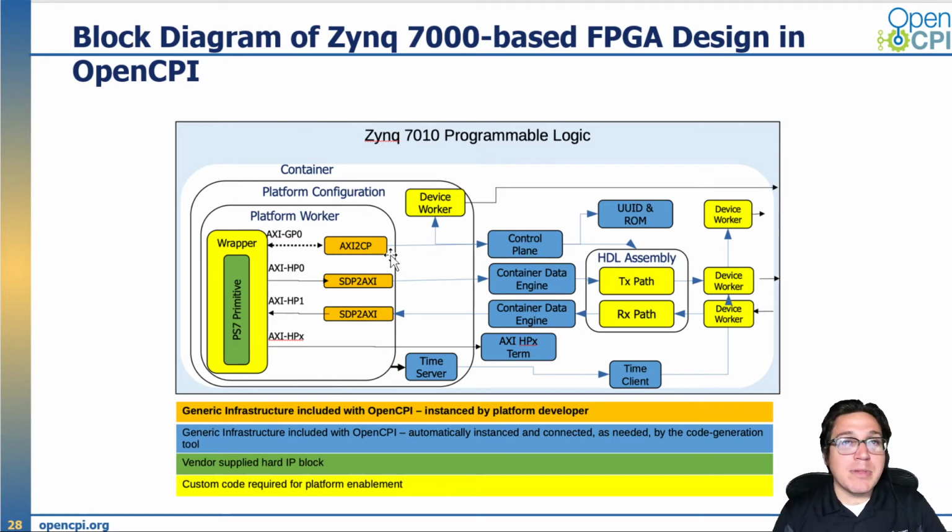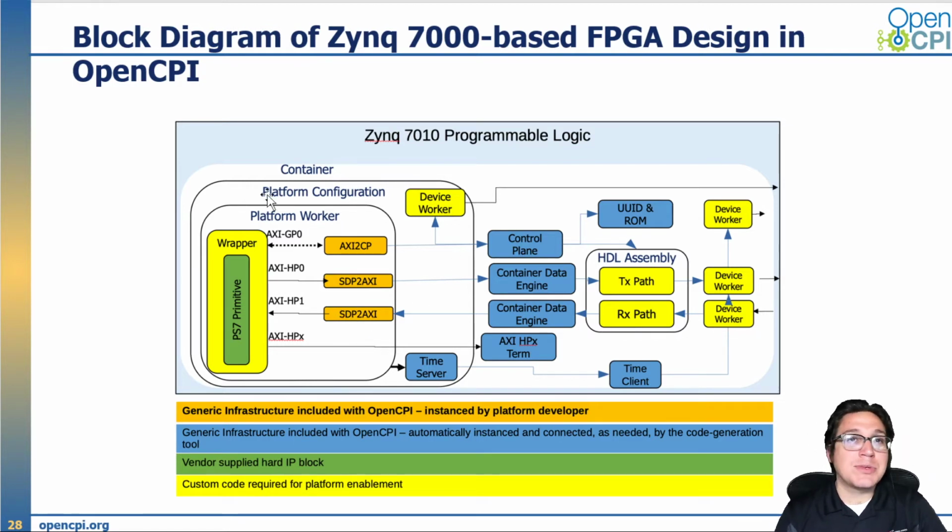Part of the platform worker, which we're going to build, has the wrapper. OpenCPI has a wrapper around the Xilinx primitive. And then those IP cores that facilitate the control plane and the data plane. There are four high-performance ports, that's what this CX stands for, and you have the option to only use one, or use all four, or anything in between.